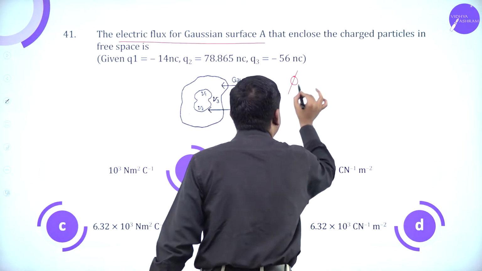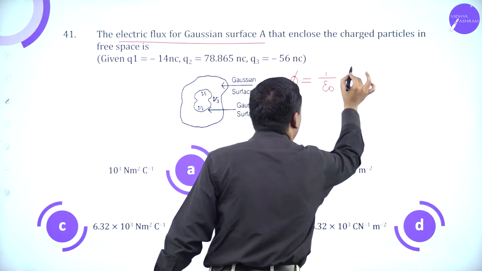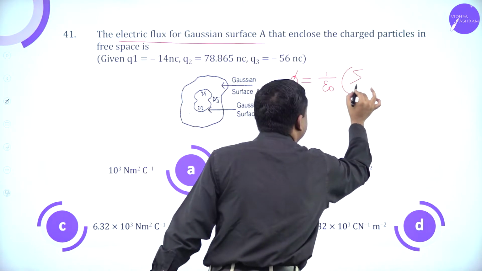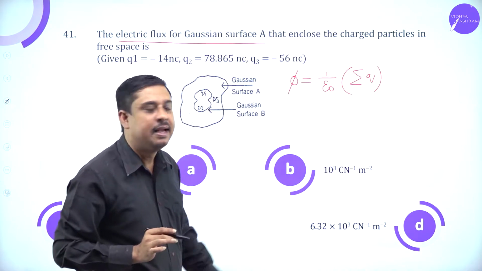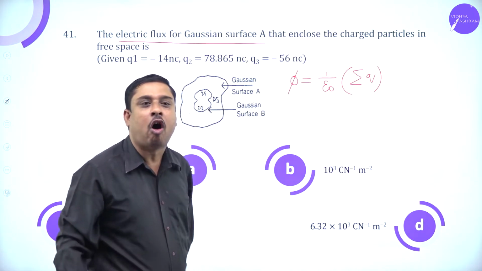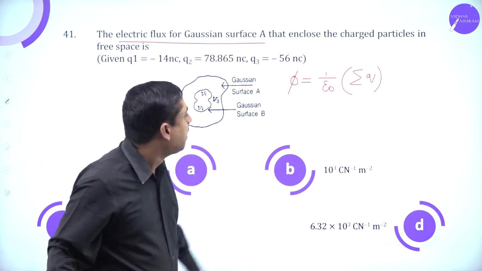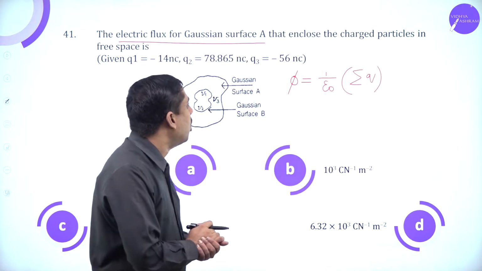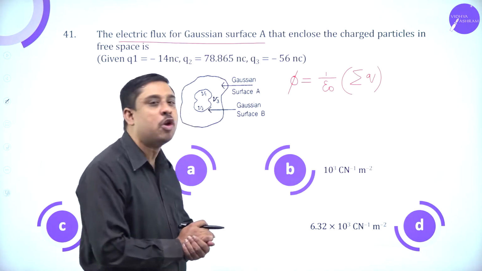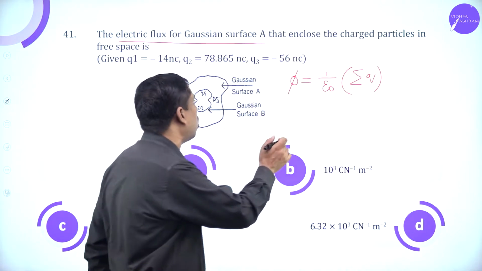We know electric flux is 1 by epsilon naught times the total charges enclosed. This is Gauss law of electrostatics. Electric flux equals 1 by epsilon naught times total charges enclosed.